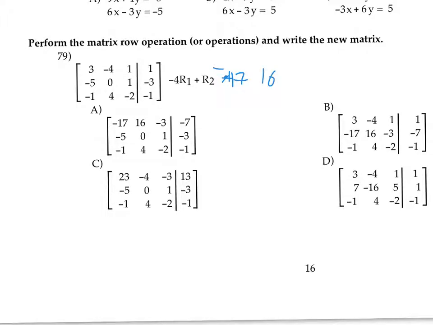Negative 4 times row 1 is going to be negative 12 minus 5 is negative 17. Negative 4 times negative 4 is 16, plus 0 is 16. Negative 4 times 1 is negative 4, plus 1 is negative 3. And then negative 4 plus negative 3 is going to be negative 7. All that looks kind of like a 1, but that should be a 7.